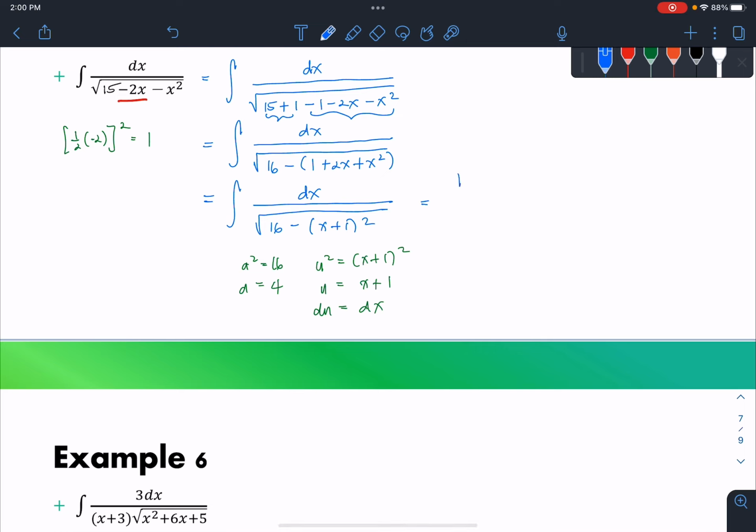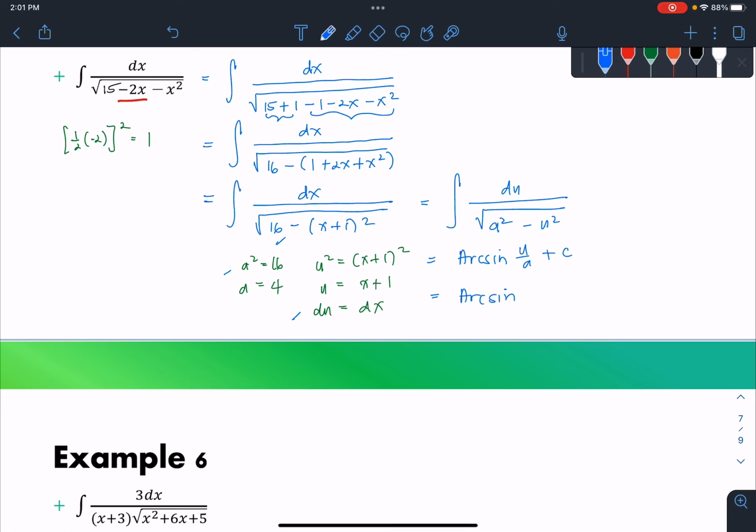Let me substitute. So dx is du over the square root of 16, that is a squared, and then minus (x plus 1) squared is u squared, minus u squared. So thus, this one is arc sine of u all over a plus c. So therefore, that is arc sine.